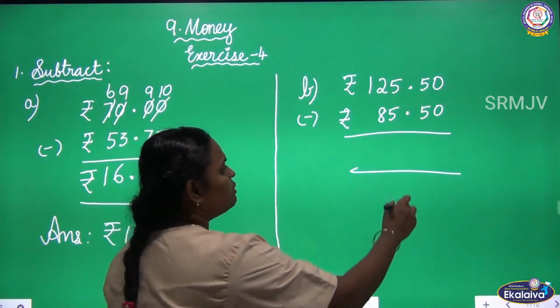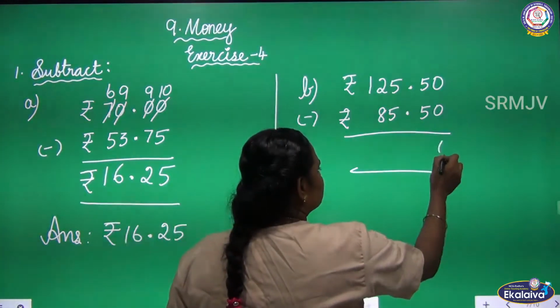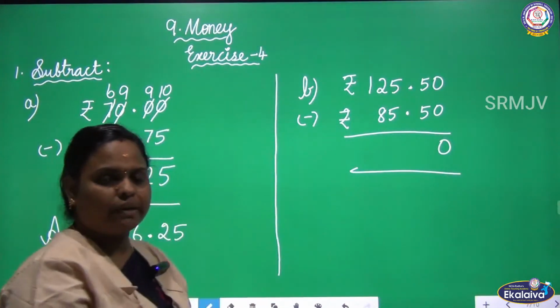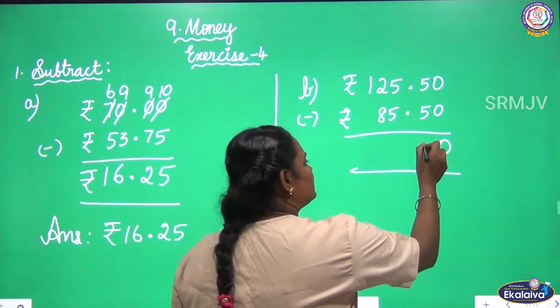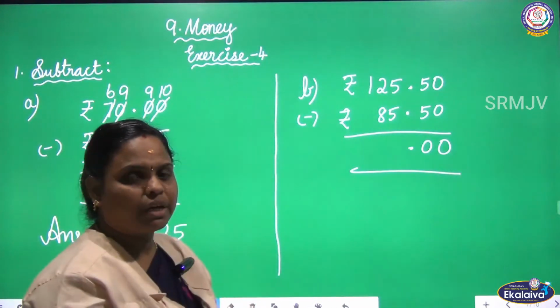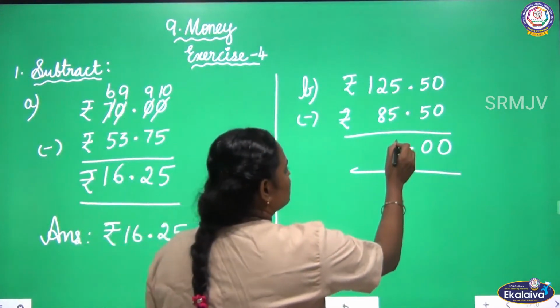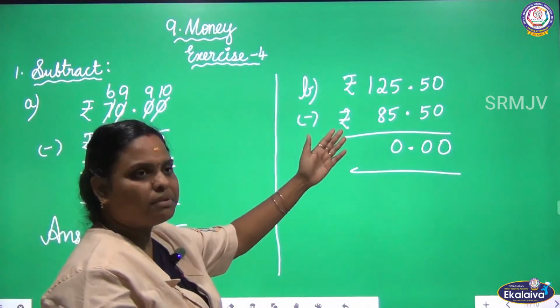So tell me, what is 0 minus 0? 0 minus 0 is 0. Next, 5 minus 5. Same number if you are subtracting, you will get the answer as 0. So 5 minus 5 is 0. Next, again 5 minus 5 is 0. Next, 2 minus 8. See, that is a smaller number. So what do we have to do?